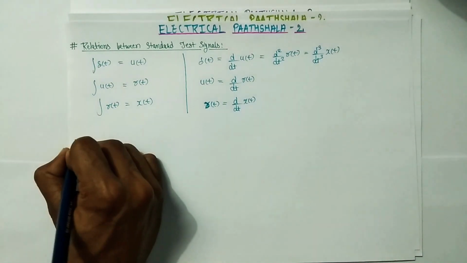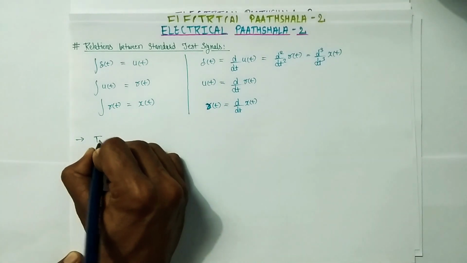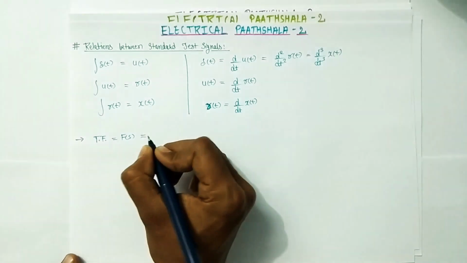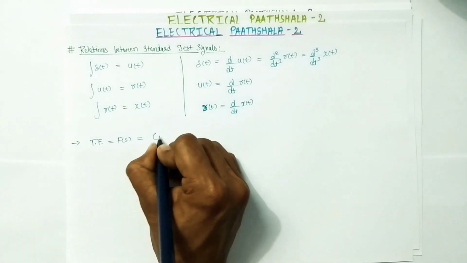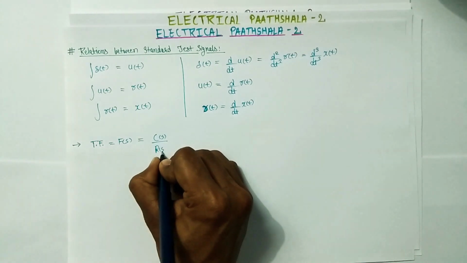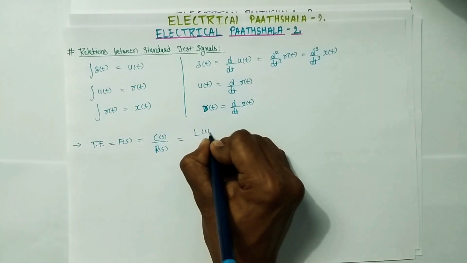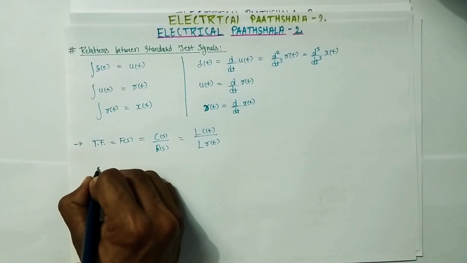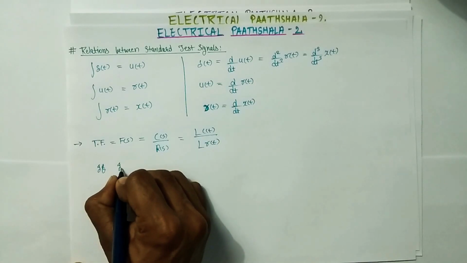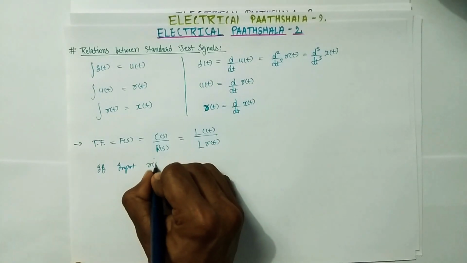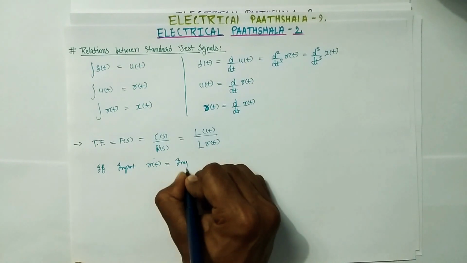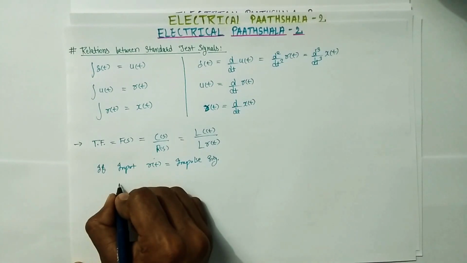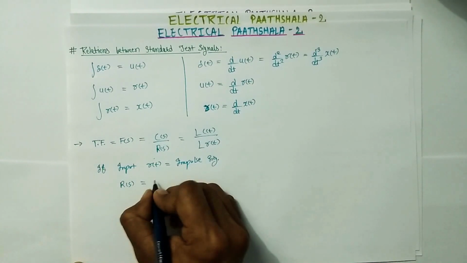Now one more thing: you know that the transfer function, which is a function of s, is given by C(s) by R(s), that is, Laplace of output by Laplace of input. Now if the input is the impulse signal, you know that the Laplace of the impulse signal is 1.